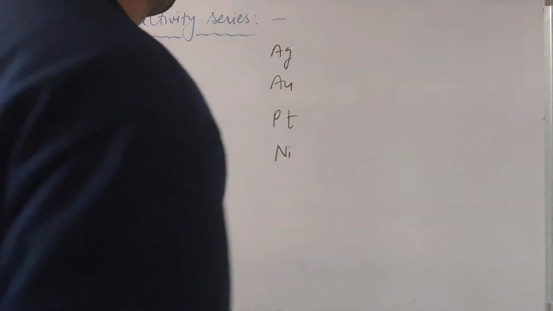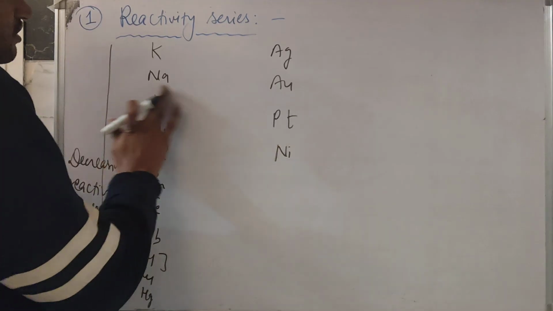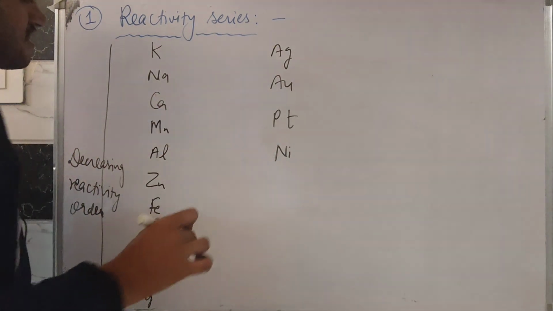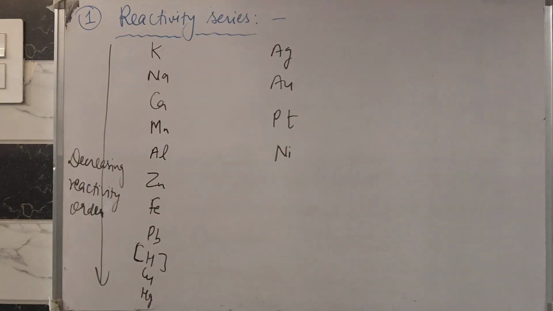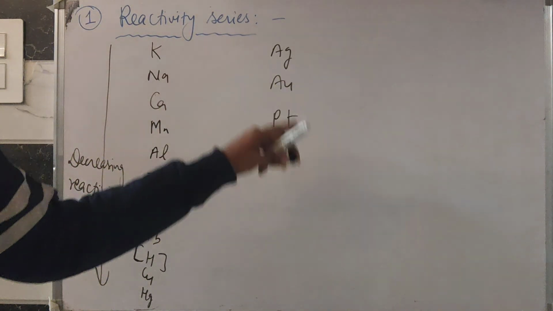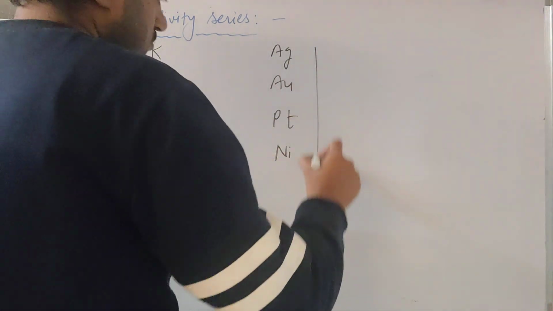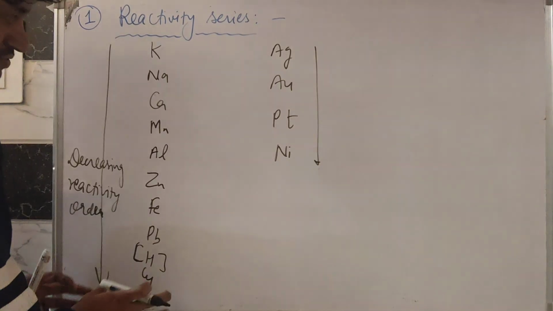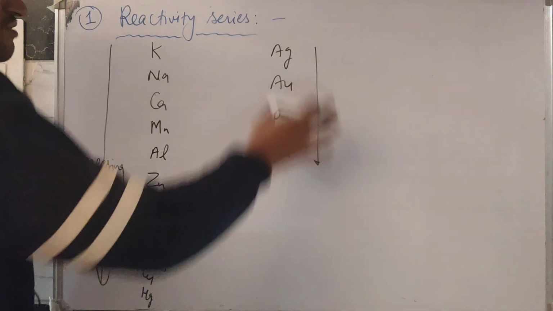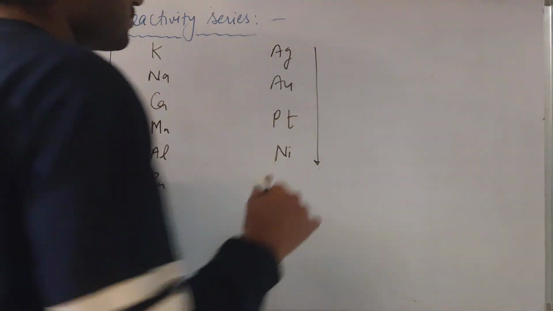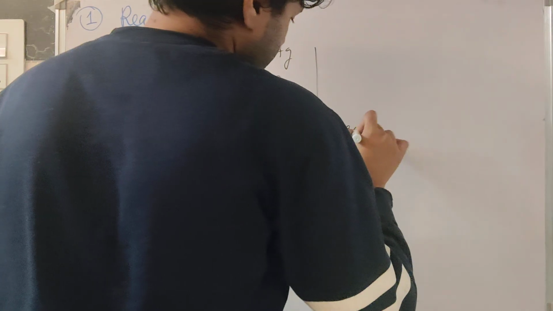You have to remember: potassium, sodium, calcium, magnesium, aluminium, zinc, iron, lead, hydrogen, copper, mercury, silver, gold, platinum, nickel. There was not sufficient space, so the remaining elements I have written downward here. Here reactivity is also decreasing.